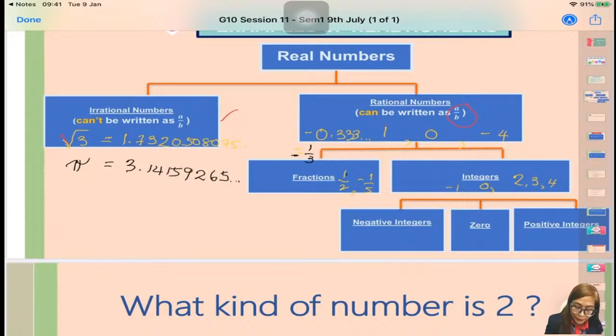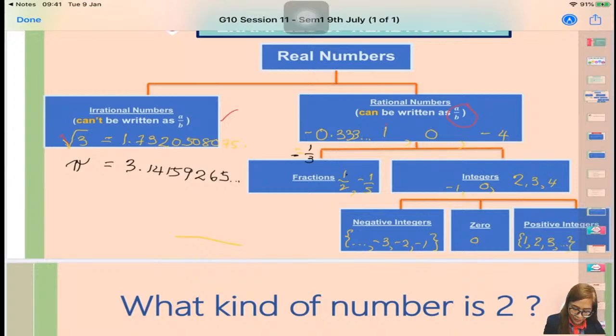For negative integers, we have the collection of ellipses, negative 3, negative 2, negative 1, and close. For 0, of course, we have 0. For positive integers, we'll have the collection of the numbers 1, 2, 3, comma, ellipses.